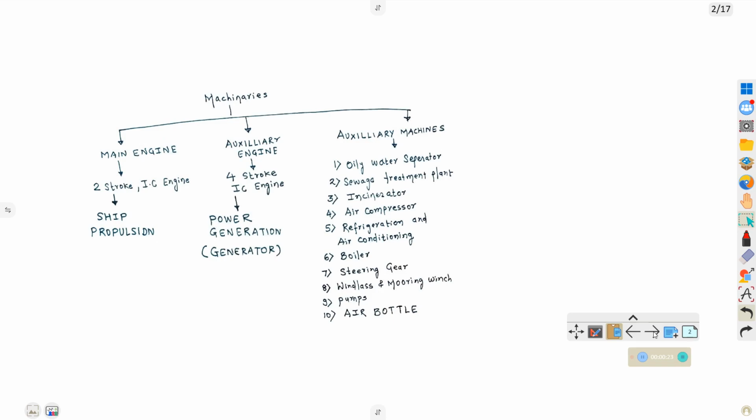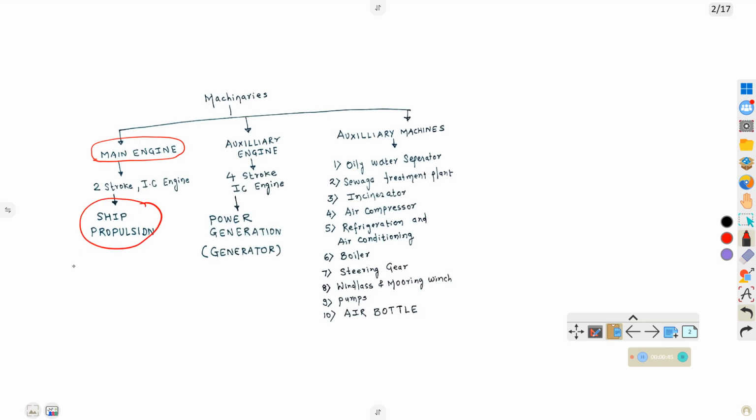In MEK, we deal mostly with the machineries. In machinery, the main machinery is the main engine. It is used for propulsion of the ship.